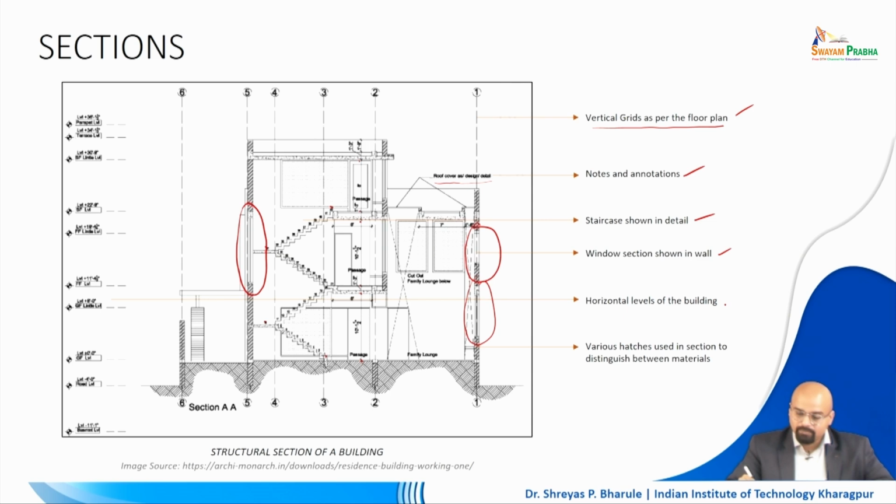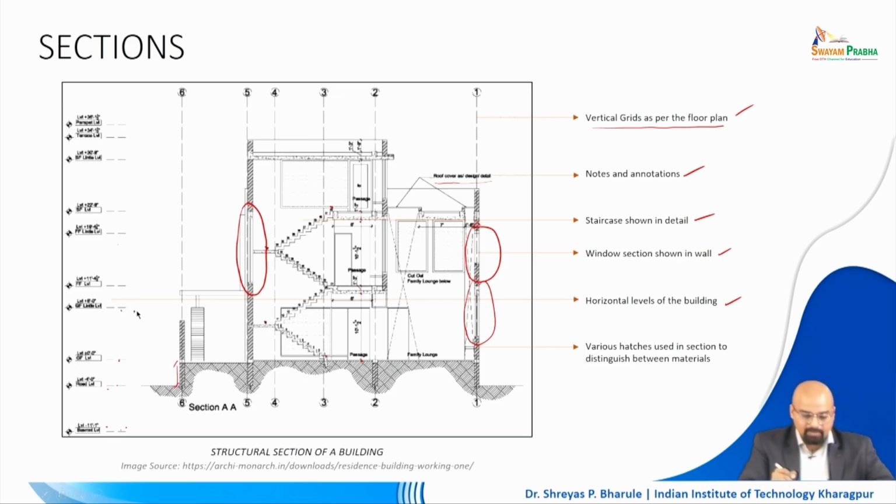Along with that, you have to show the horizontal levels of the building. If you go on this side, you will see that there are various different levels being mentioned. In this case of the building, we have a basement level, so basement is marked. There is a road level, so road level is marked. Then the ground level which is created for this particular building is this, so we have it elevated from the road level, so it is coming here.